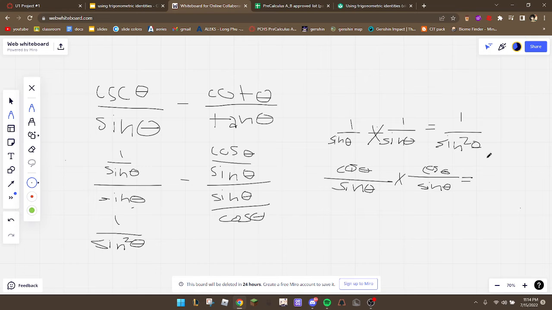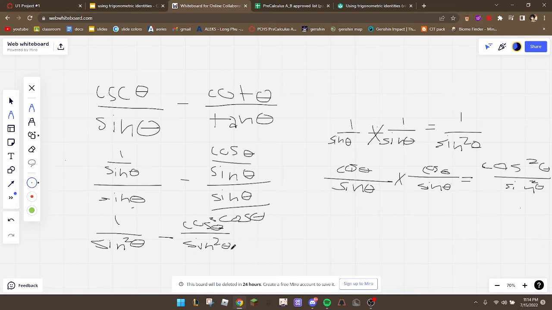And that will give us our common denominator of sine squared theta. And that would obviously be cosine squared theta over sine squared theta.